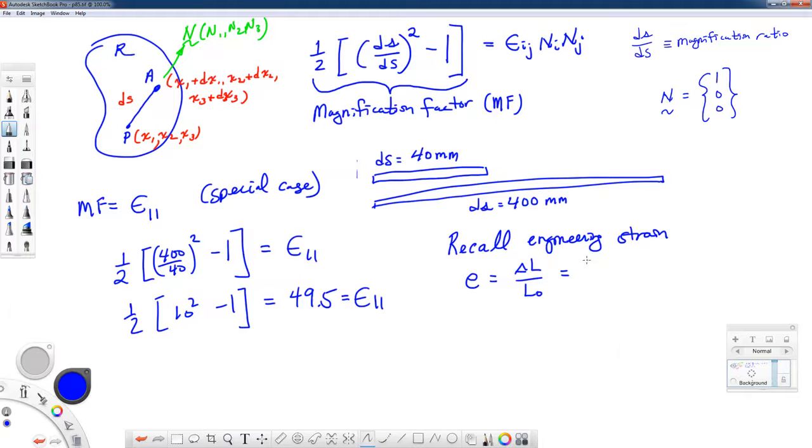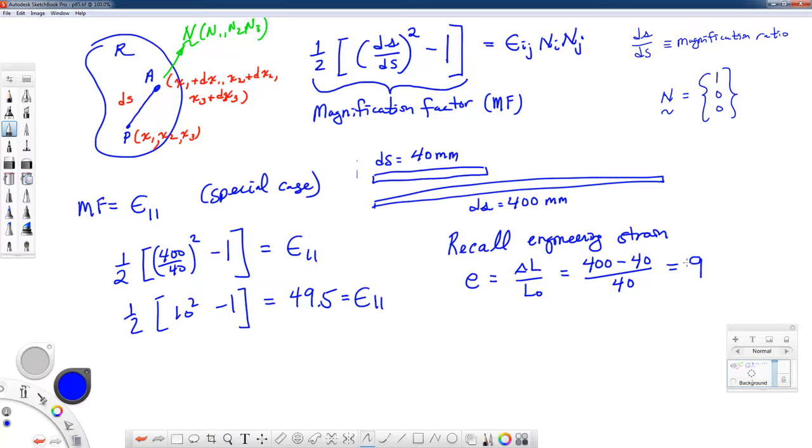In this case, the change in length would be 400 minus 40 divided by the original length of 40. So 360 divided by 40, that has an engineering strain of 9. Okay, so from a percentage point of view, it increased in length by 900%.